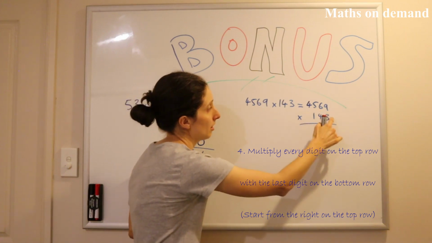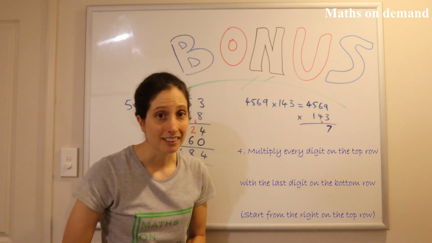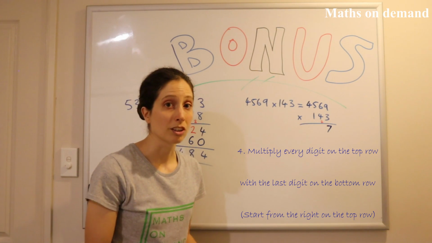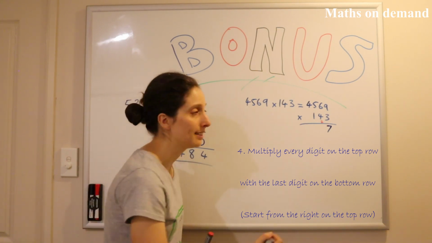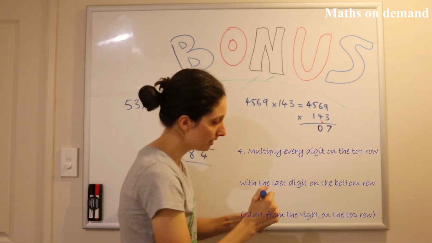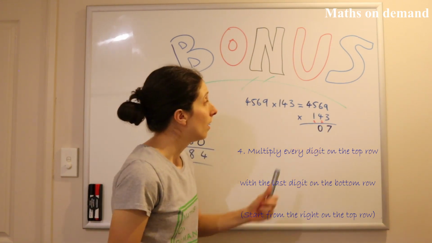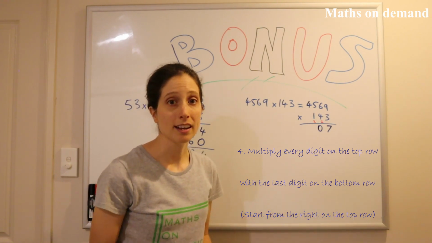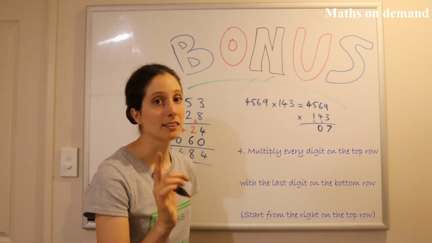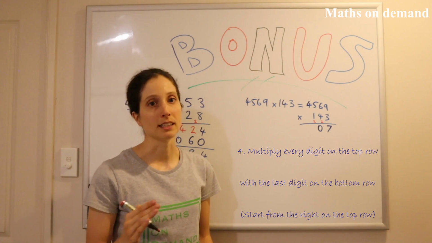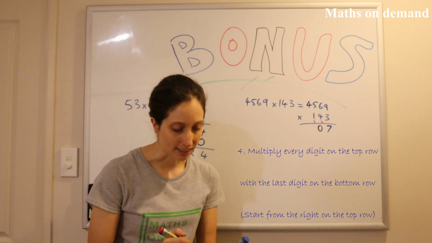Next, 6 times 3, that's 18. But we need to add the 2. So 18 plus 2 is 20. So I'm going to write the 0 here and carry the 2 again. Now, 5 times 3 is 15. But we need to carry the 2. So 15 plus 2 is 17.